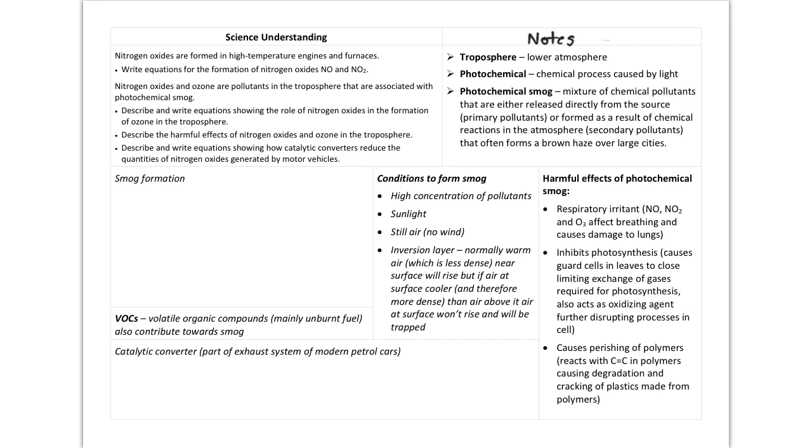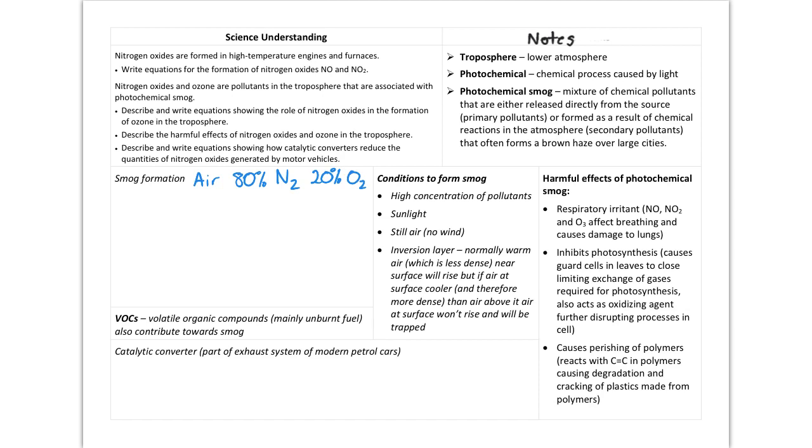But as a fairly good approximation, we can say that air consists of about 80% nitrogen gas and about 20% oxygen gas. And when we use air to burn fuels in car engines and furnaces, we're not only putting the oxygen in there, which is the main thing that reacts in a combustion reaction, but we're also putting nitrogen in there.